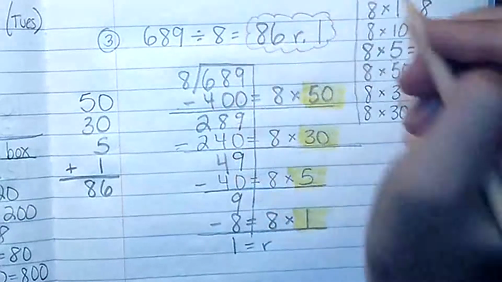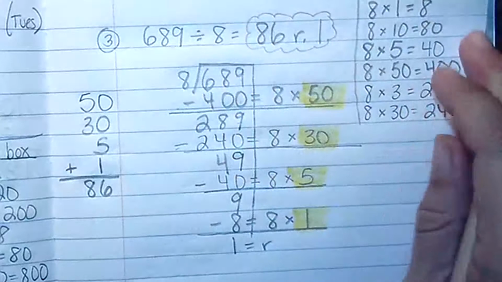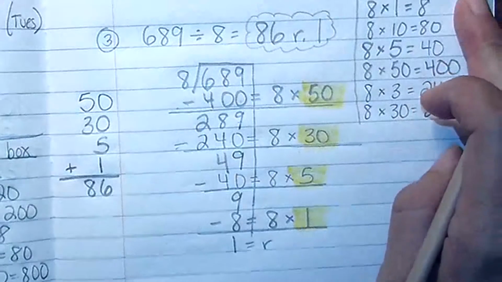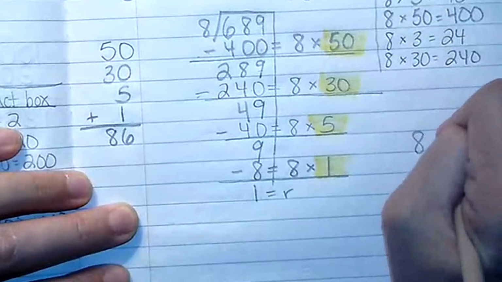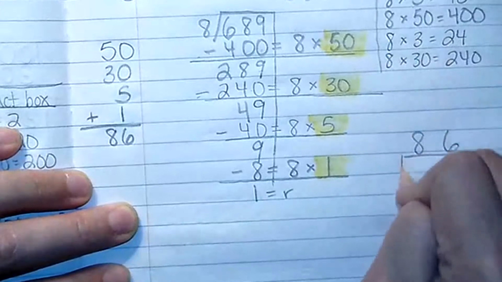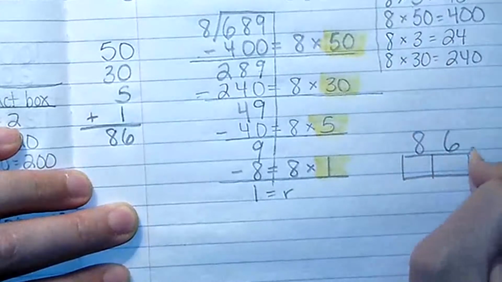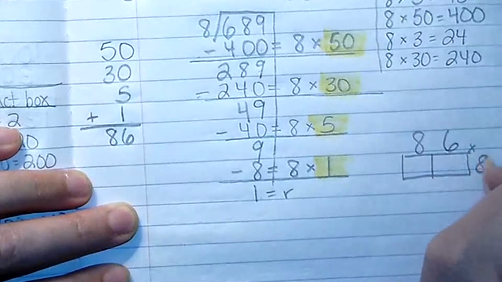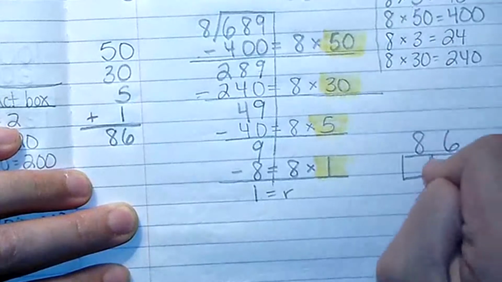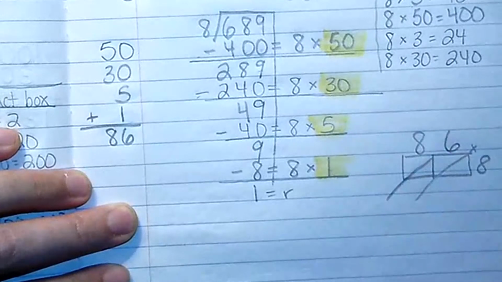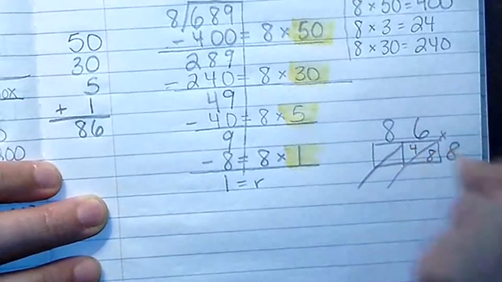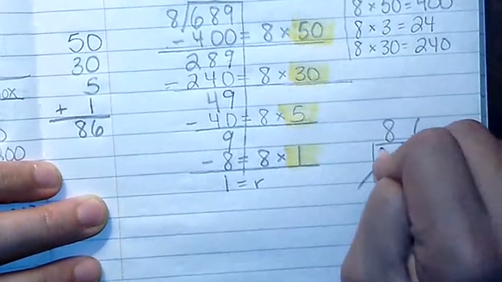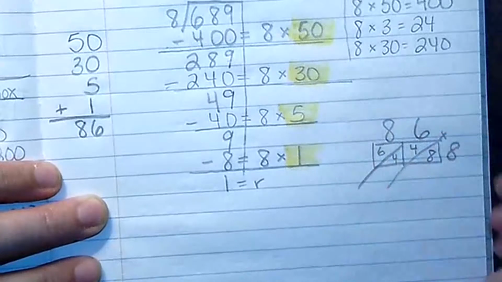We think, but we don't want to think. We want to know for sure. So let's check. I'm going to come down here and I'm going to do 86. Again, you can do any strategy you like. You just need one that works for you that you can use every time. 86 times 8. Well, 6 times 8 is 48. 8 times 8 is 64.